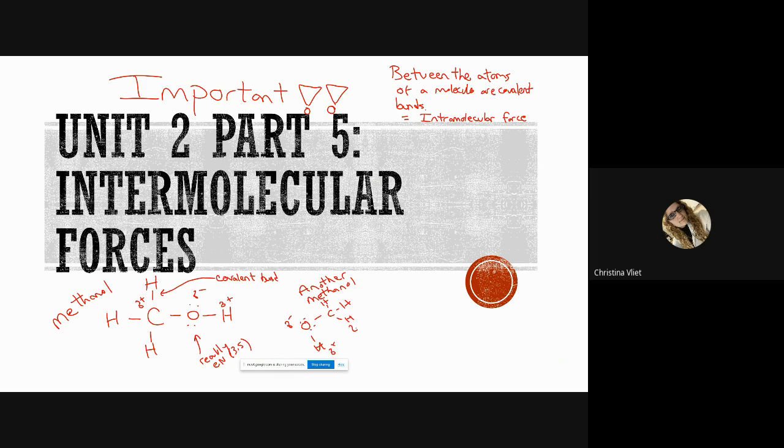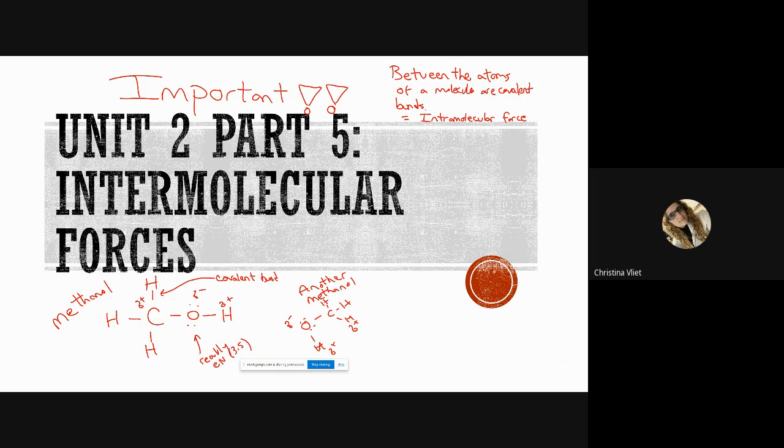So what would happen if I have two methanol molecules that interact with each other? Would they be attracted to each other or not? This has a positively charged part and this has a negatively charged part. Do positives and negatives attract? So if organized three-dimensionally the right way, two polar molecules can be attracted to each other.